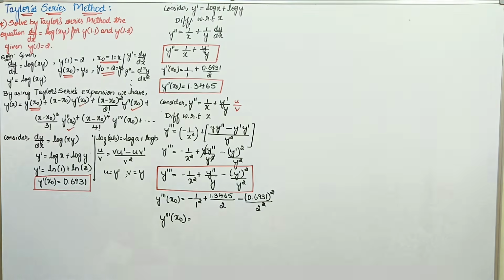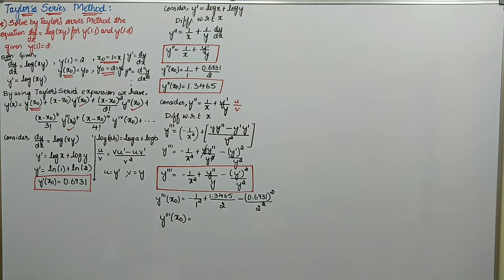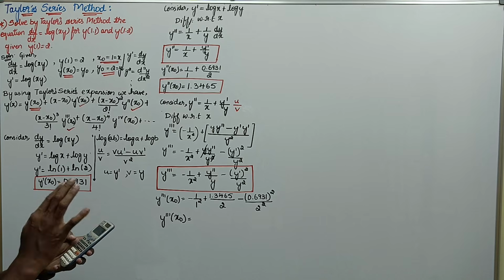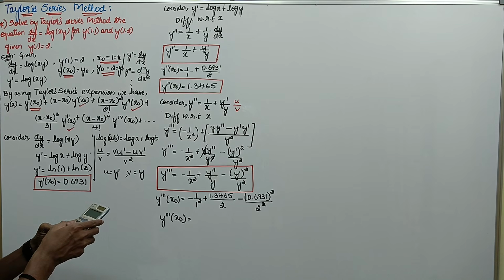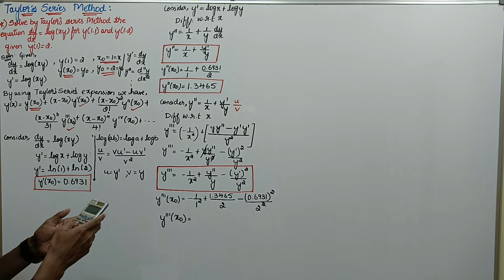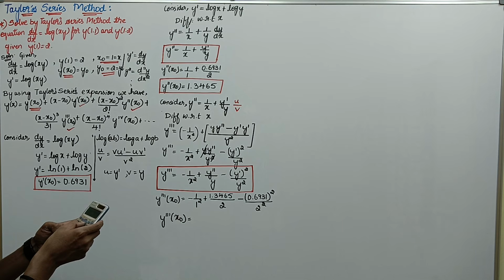Okay, let us use the calculator and represent the solution. Done. Now represent however it is, minus 1 divided by 1 square, plus 1.3465 divided by 2, minus 0.6931 whole square divided by 2 square.